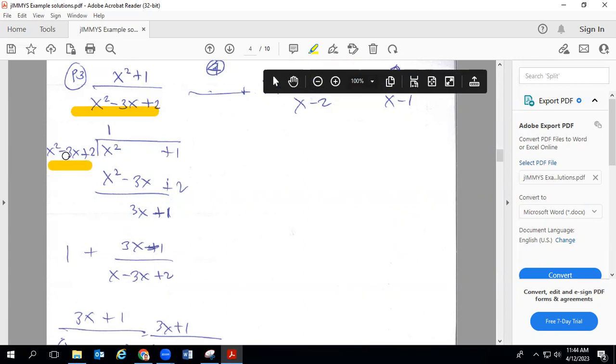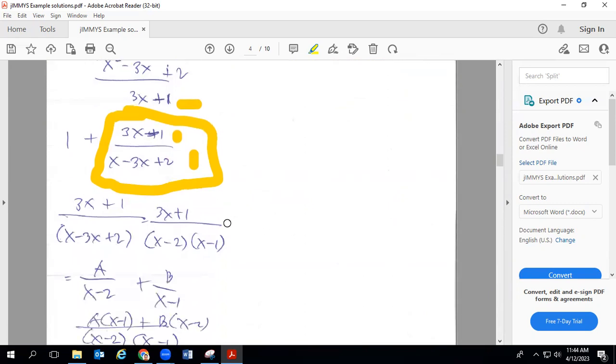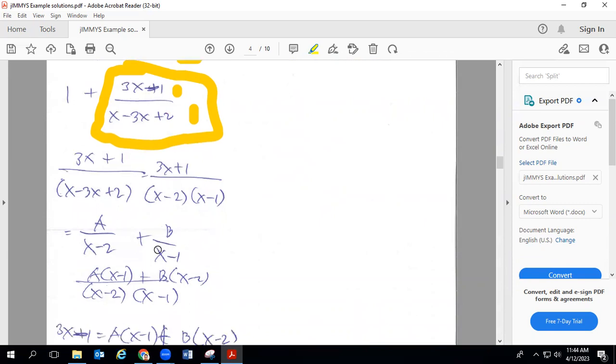You have x squared divided by x squared is 1. Then going here, you will come up with this remainder. This is 3x plus 1 divided by this one. And this is a form where we could utilize partial fractions. This is linear factors. You have A and then B.